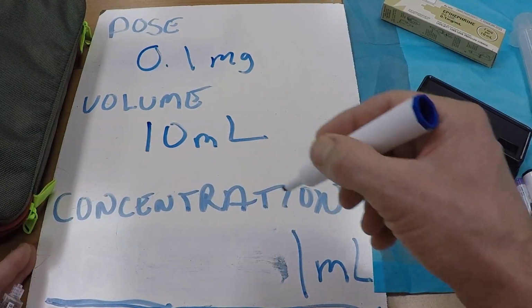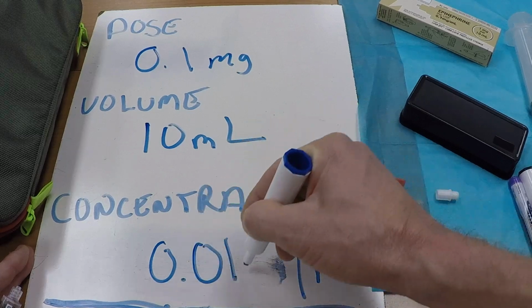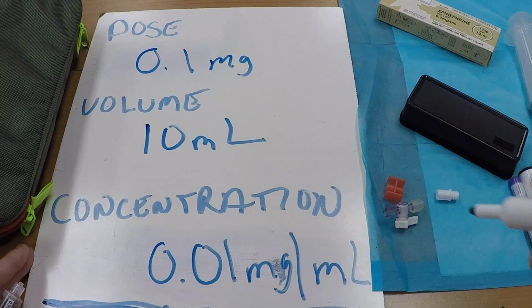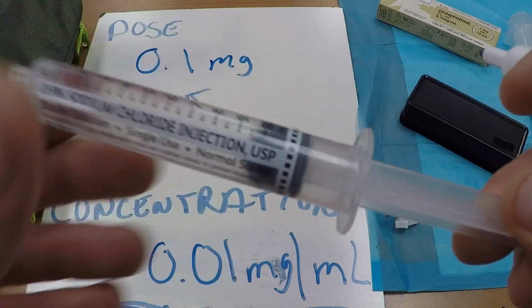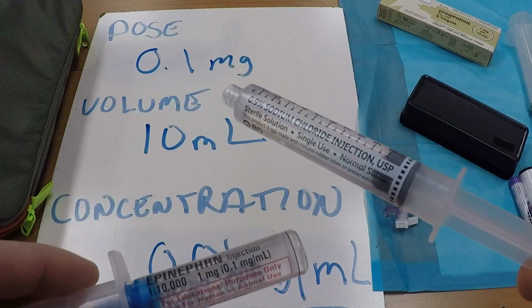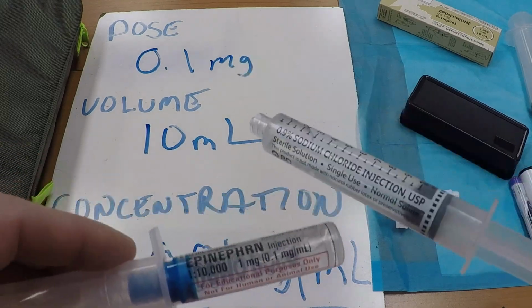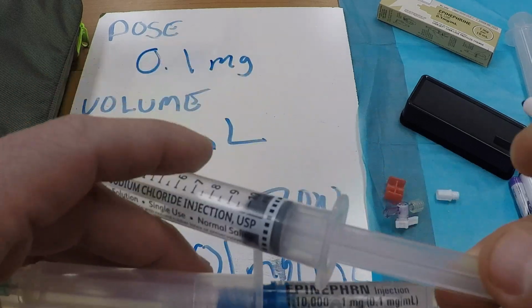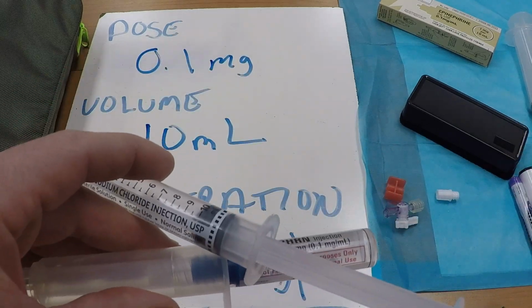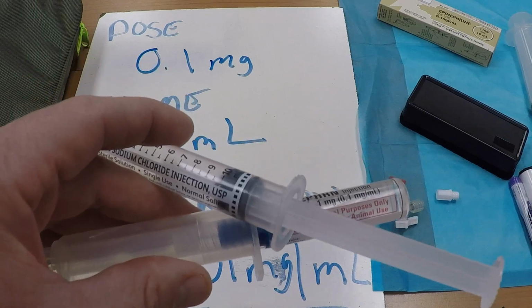Our new concentration is 0.01 milligrams in 1 milliliter. And whatever your protocol says, now we would administer this as an IV push slowly based on protocol, or looking for a desired heart rate or blood pressure effect. So that's 2 ways to dilute epinephrine.